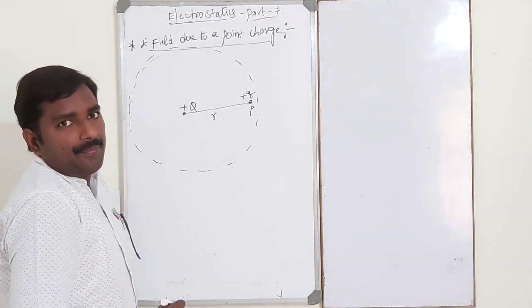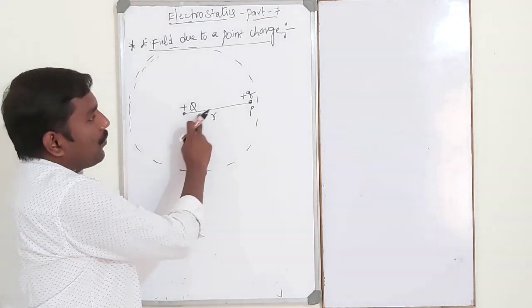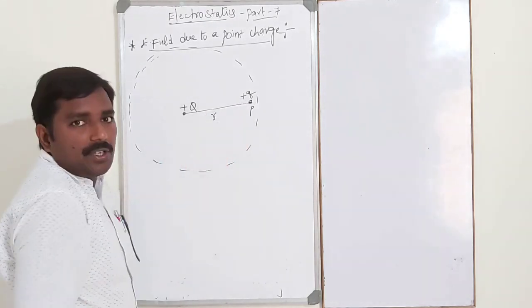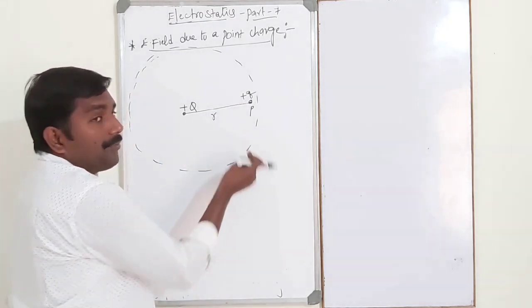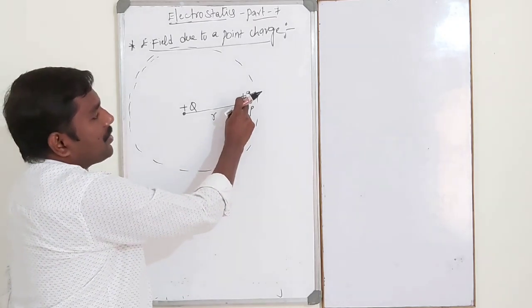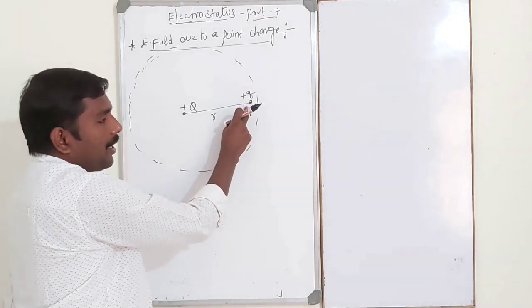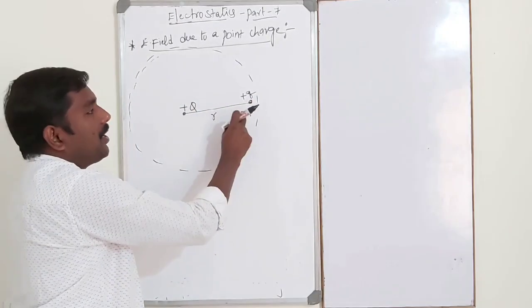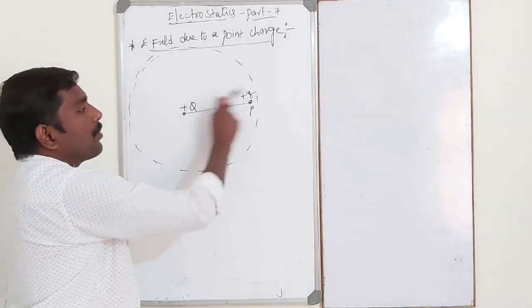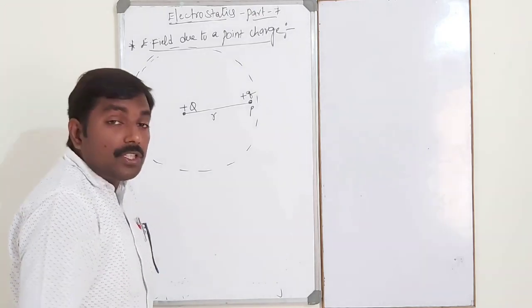According to Coulomb's law, some quantity of force acts on the charge. Whenever a unit positive charge is placed at that point P, which is inside the field, immediately some quantity of force acts on it. Which force?